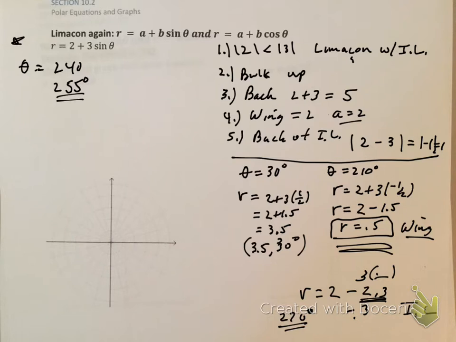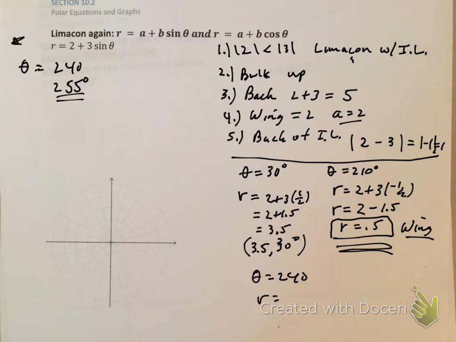I'm going to do the 240 and hope that I don't have all this extra calculation to do, but it may not be big enough for me to get done what I need to get done. So if I use 240, I'm going to scribble it all down here. My R is going to be equal to 2 plus 3 times, and then 240 is a 60-degree reference angle, and that is going to be a negative square root of 3 over 2.